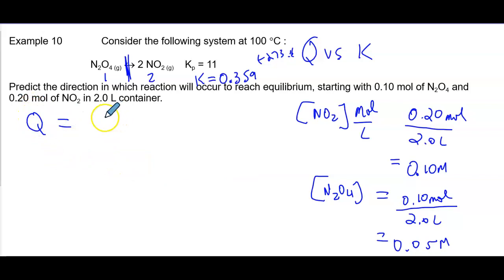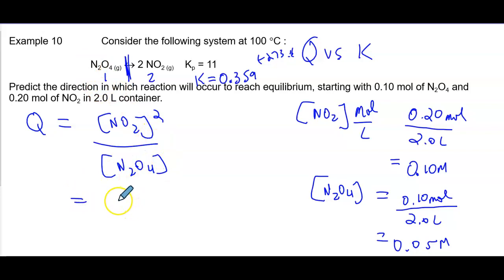Our Q is the same as before. We're going to take NO2 squared, my products, over my reactants. There's a 1 here, so there's no power. So I can calculate Q. I've got to grab the correct number, 0.10 squared over 0.05.